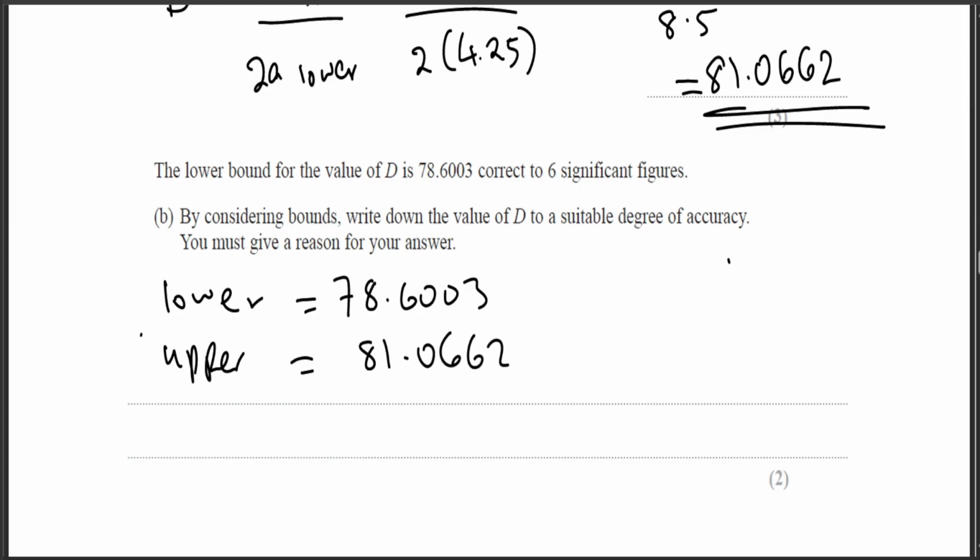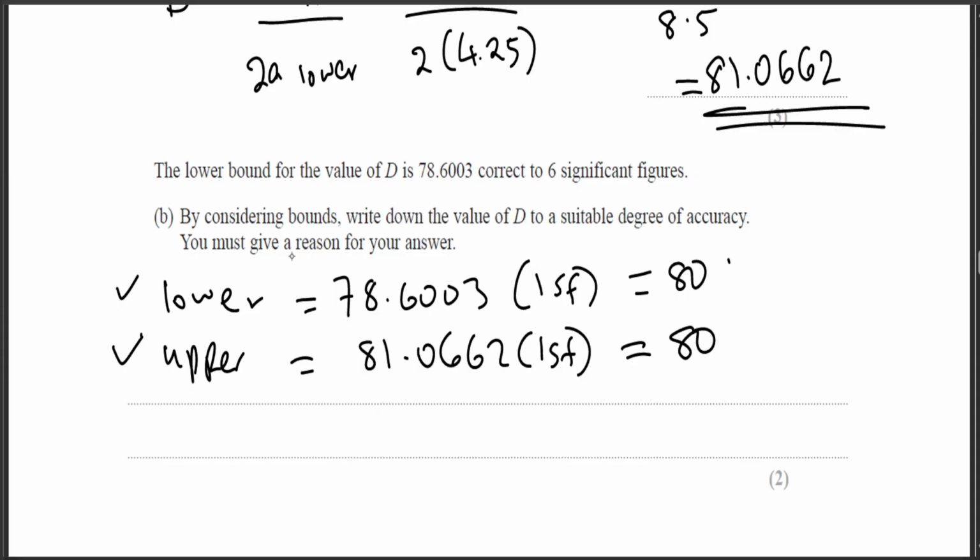81.0662. Now if you look at it, if there's a need for you to round off this lower and this upper so that you can have the same answers, the only way is just to round it to one significant figure. If you round this up to one significant figure, it's going to give you 80, and also this one is going to give you 80, and therefore the value of d itself should be 80.